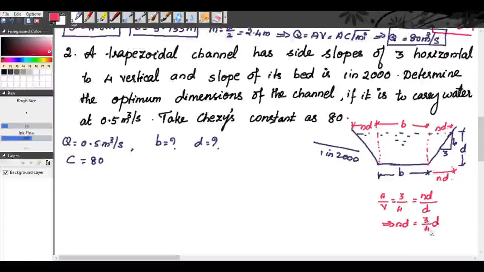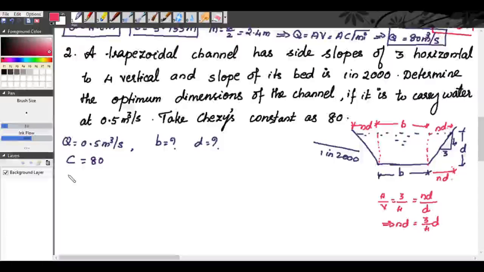So N is equal to 3 by 4. N is nothing but horizontal to vertical. Horizontal by vertical is called N. So we get ND is equal to 3 by 4 D.